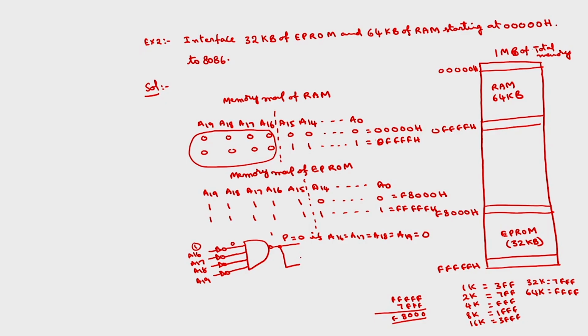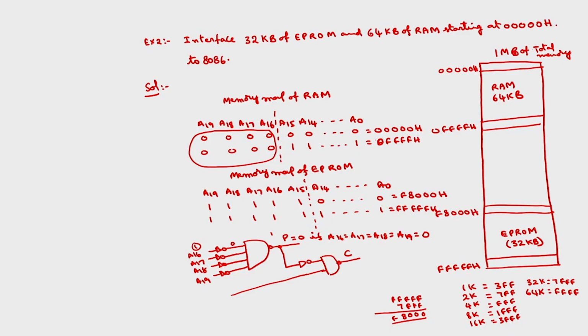What are the additional signals for the EPROM? For the EPROM, the signals that we are going to connect to the microprocessor are A0 to A14. A15 to A19 are available. Out of these I have connected A16 to A19, which will generate 0 here. Now I will connect A19 as another input, and call this C, using a NAND gate.